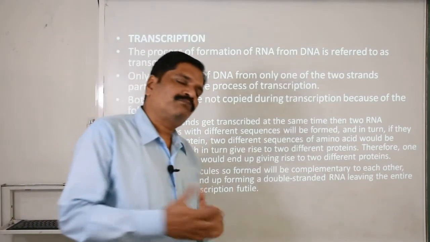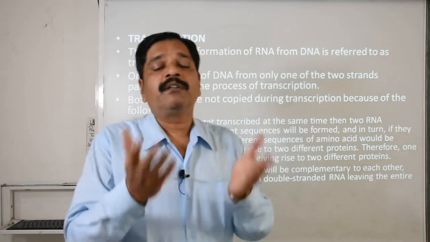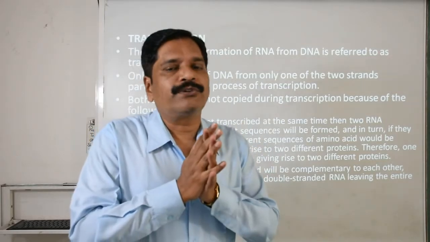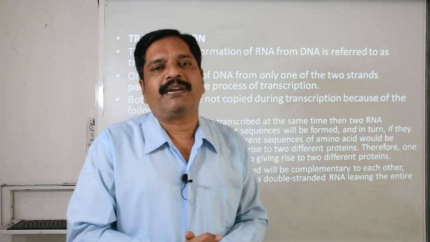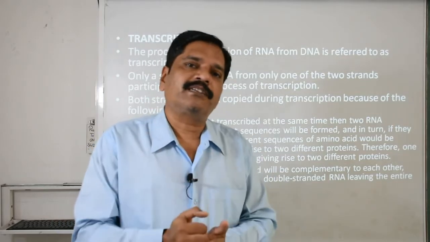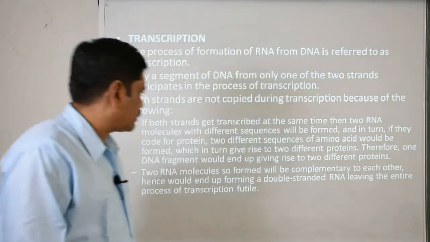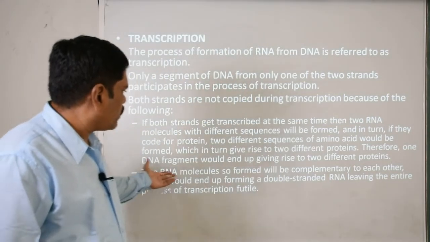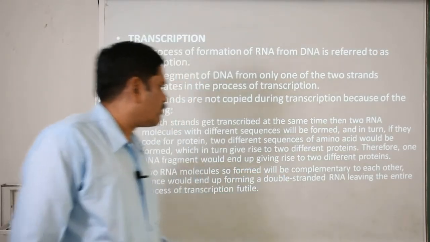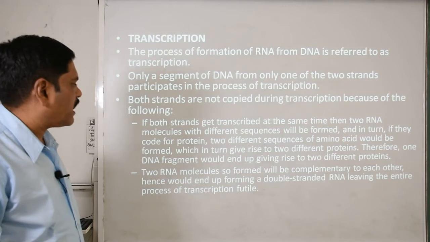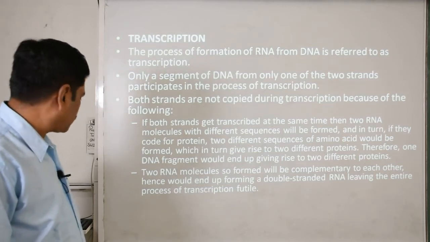Suppose both strands were used to form RNA, then what would happen? Two RNAs would be produced, and these two RNAs would produce different polypeptide chains, and these different polypeptide chains would counteract and work differently from each other. Also, the two RNA molecules so formed would be complementary to each other, and hence would end up forming a double stranded RNA, leaving the entire process of transcription futile.